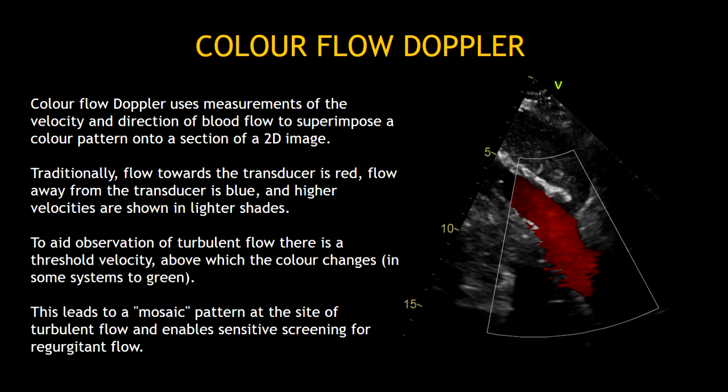To aid observation of turbulent flow, there is a threshold velocity, above which the color changes. This leads to a mosaic pattern at the site of turbulent flow and enables sensitive screening for regurgitant flow.